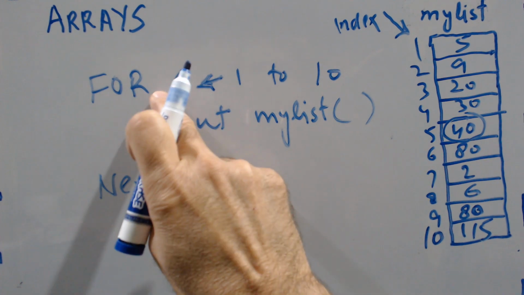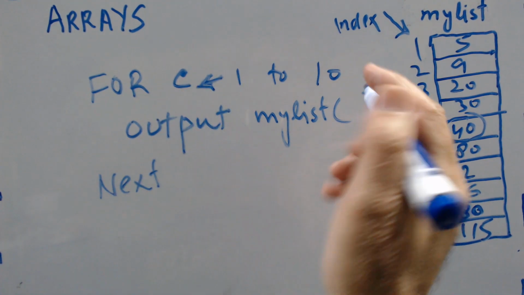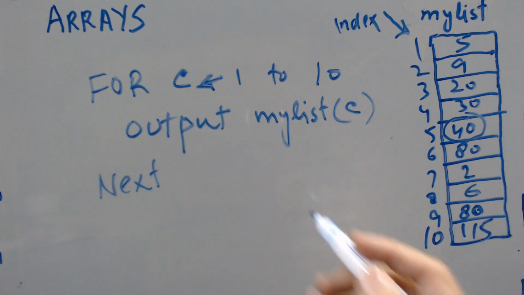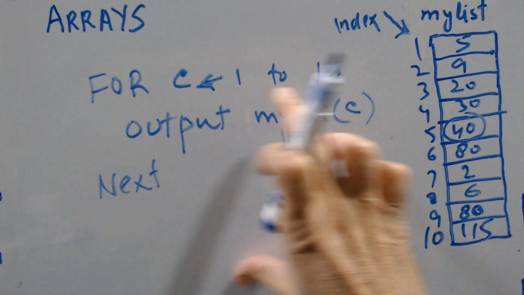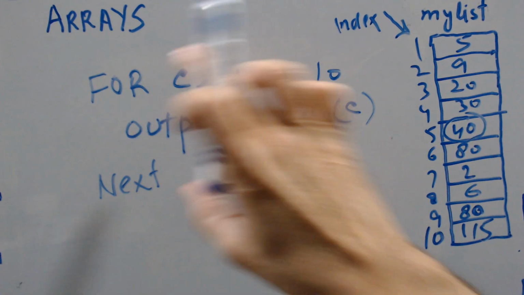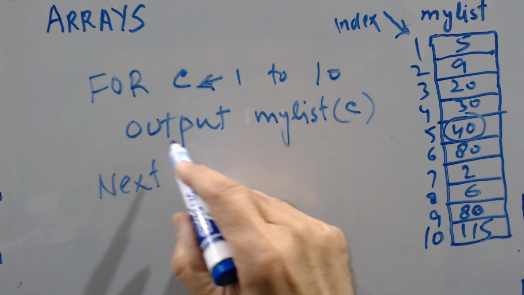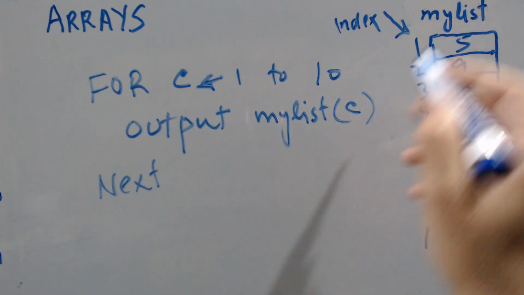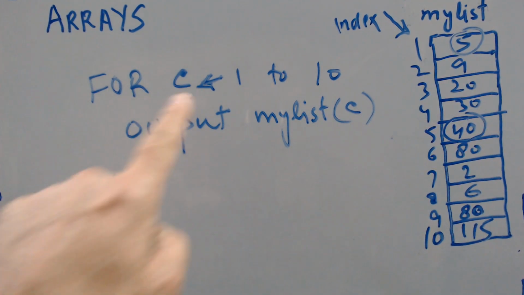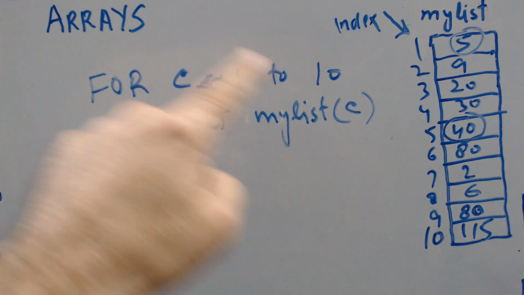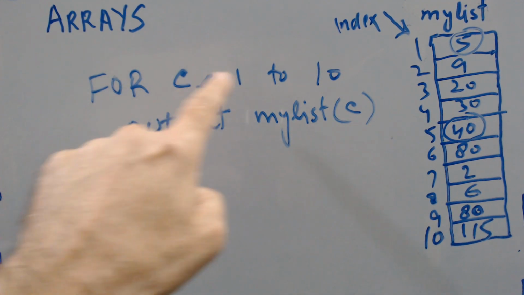Here I can write the name of this counter, because every time the loop runs, the loop starts from 1 and ends at 10. So in the first cycle of the loop, this will output my list 1. So the first value will be output. When the loop runs for the second cycle, C becomes 2.